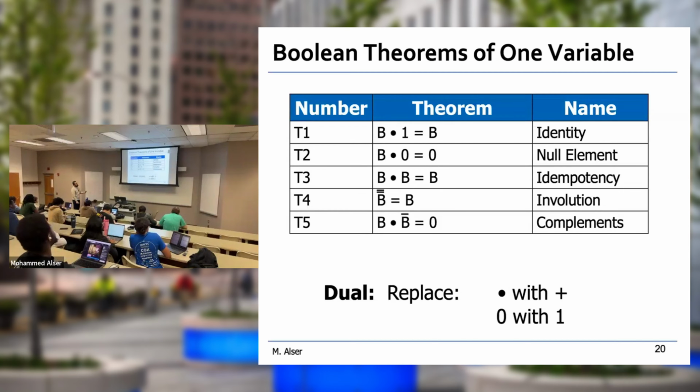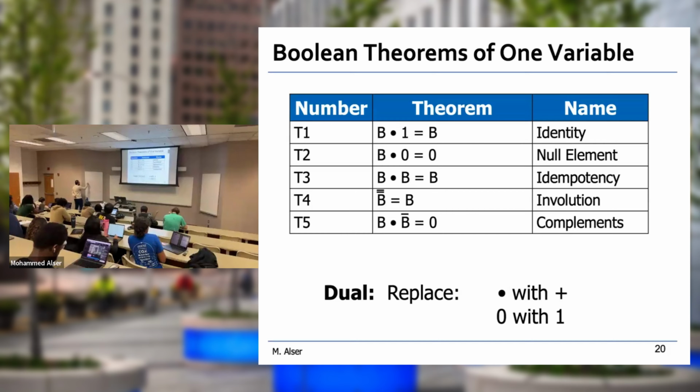Now B multiplied by B bar, let's get it. This is similar to this, but we have a bar over there. Let's see. Assume we are not sure about the B times B bar. When you are not sure, try to replace the B with a value.